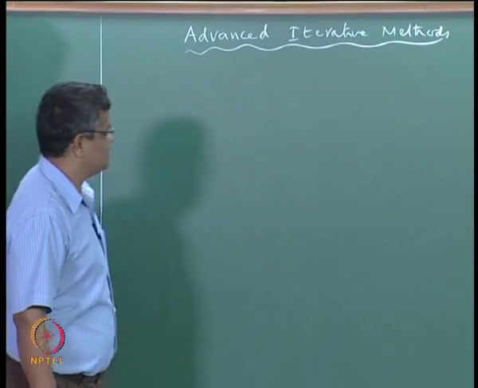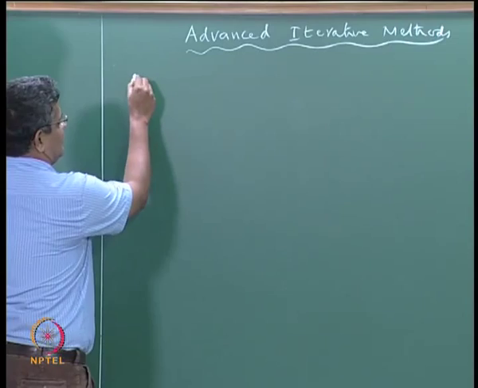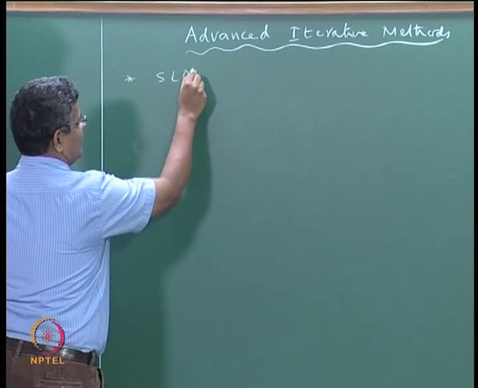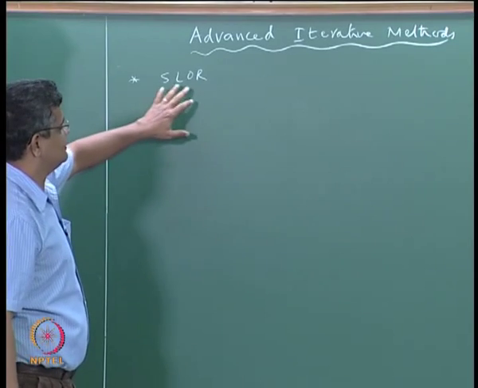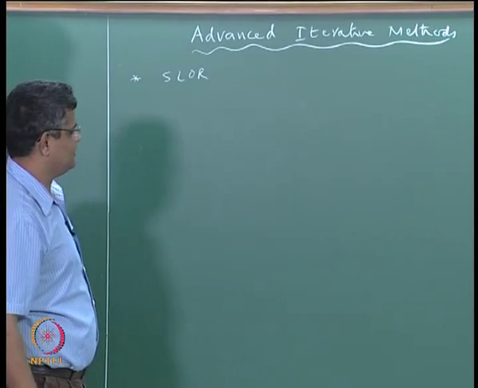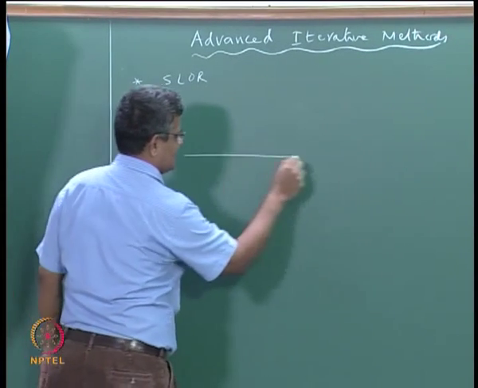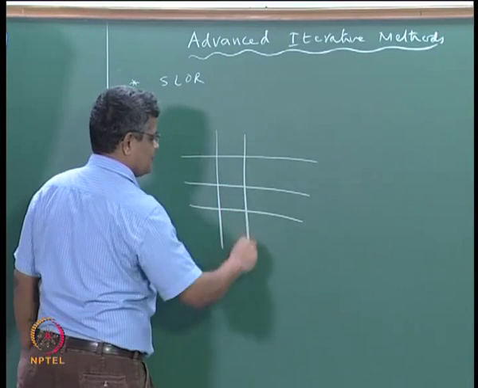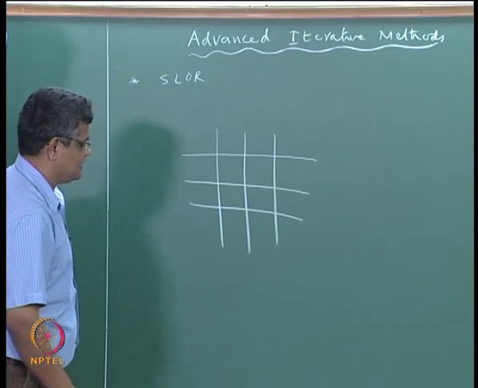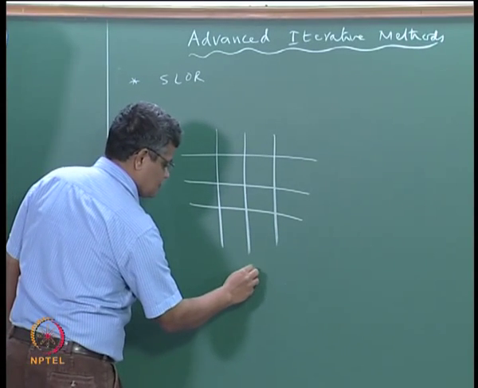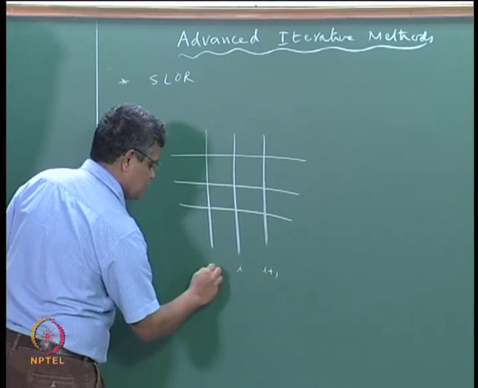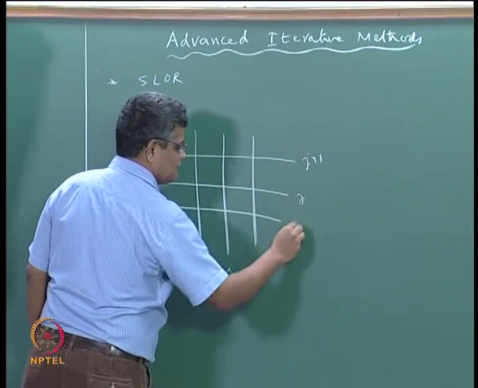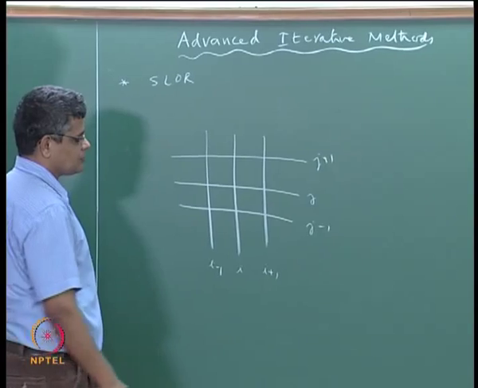So the first possibility is a classical method which is known as SLOR, successive over relaxation applied to lines, and the basic idea is this. You have, let us say, these are the ijk points, i plus 1 and i minus 1, j plus 1 and j minus 1.